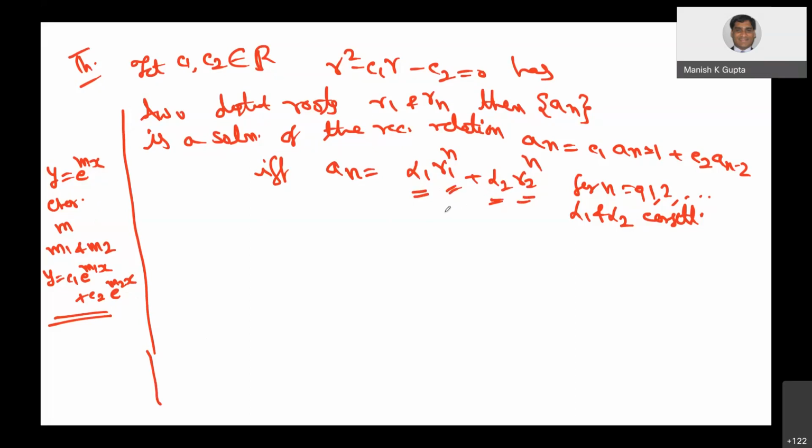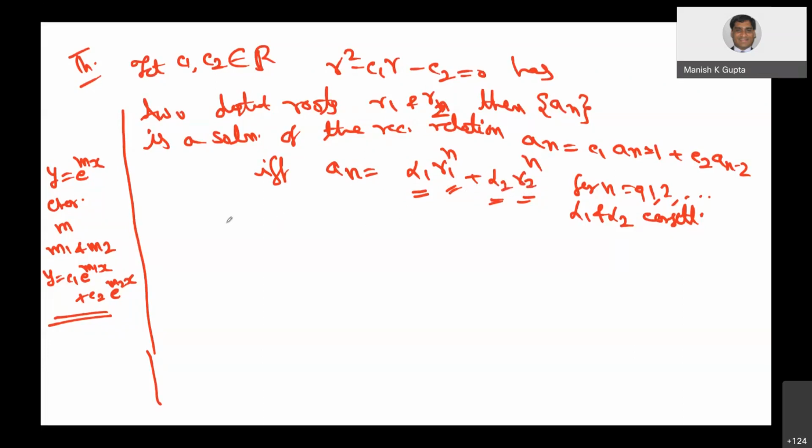Okay, so now let me give you the proof of this theorem. What it says is that if r_1 and r_2 are the two roots of this equation, then the solution is a_n = alpha_1 r_1^n + alpha_2 r_2^n.